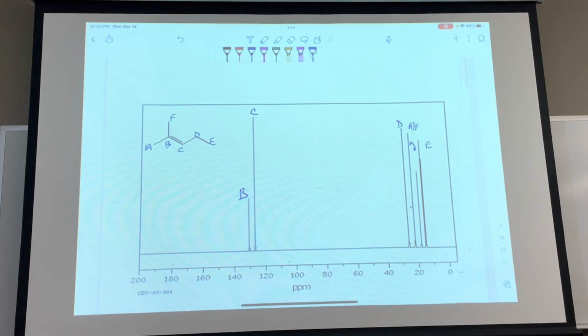Oh, letter B is a quaternary carbon, meaning it has no hydrogens attached. Right, okay. And those carbons that have no hydrogens tend to be shorter than other peaks. Just height-wise? Yeah. And that's what you can see here. Between those two similar peaks, there's a very big difference in peak height.